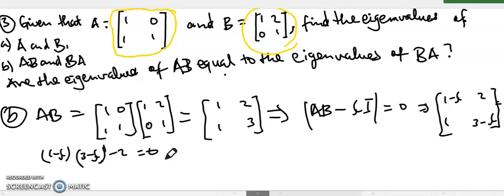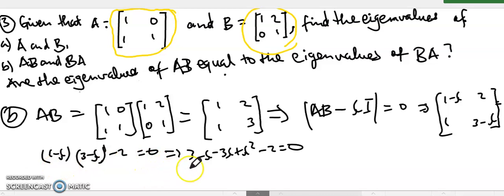If you open this up, you will have 3 minus lambda minus 3 lambda plus lambda squared minus 2 equals 0, because 1 by 3 gives 3, negative lambda by 3 gives negative 3 lambda, then we have lambda squared.